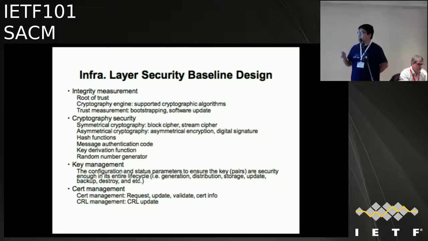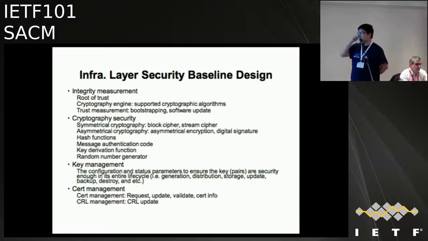And in the key management submodule, we collect the configuration and the status parameters of the key to check if the key is secure enough in its entire life cycle from generation to destroy.